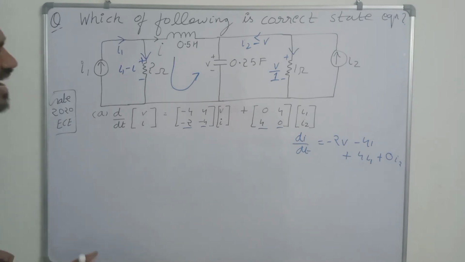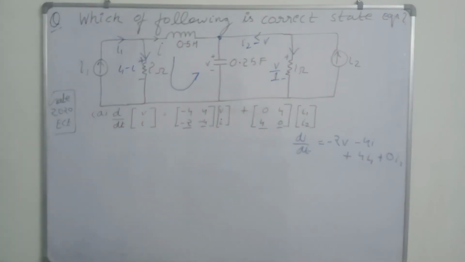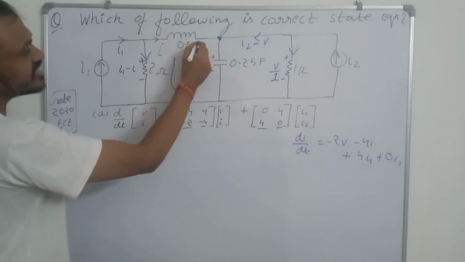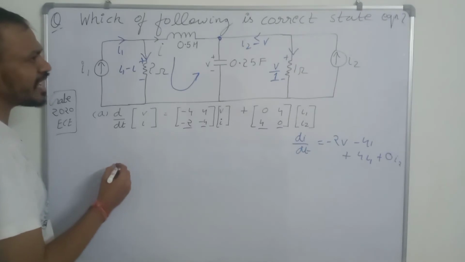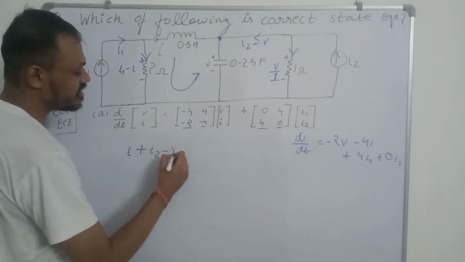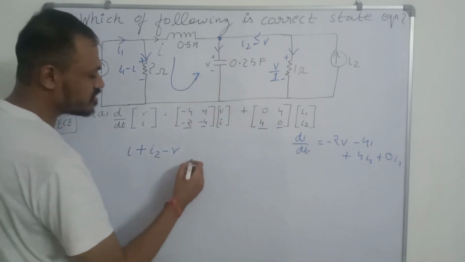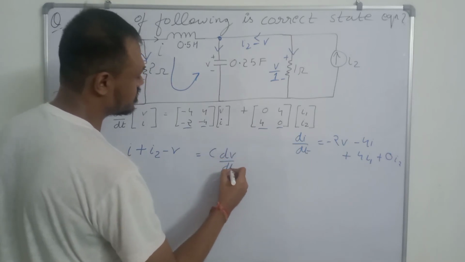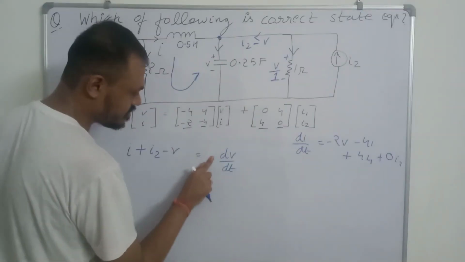Applying Kirchhoff's current law at this node, I is the incoming current and I2 minus V is also an incoming current. So we add both incoming currents, I plus I2 minus V, and the outgoing current is C dV by dt. C value is 0.25.